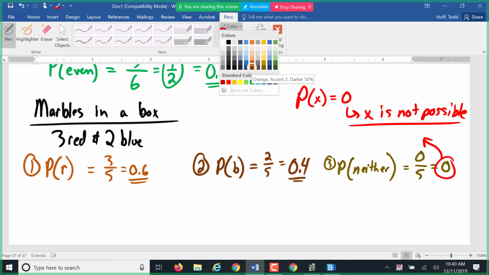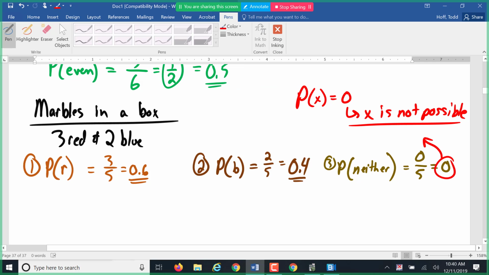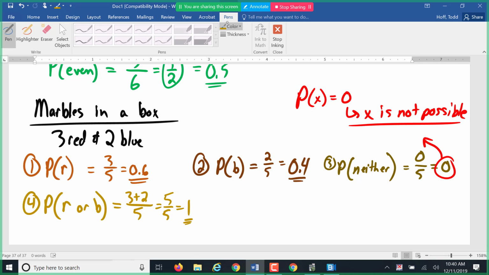What if I ask for the probability of a red or a blue marble? Well, red or blue, there's 3 red and 2 blue. So it's 3 red plus 2 blue out of 5. So that's 5 out of 5, or a probability of 1.